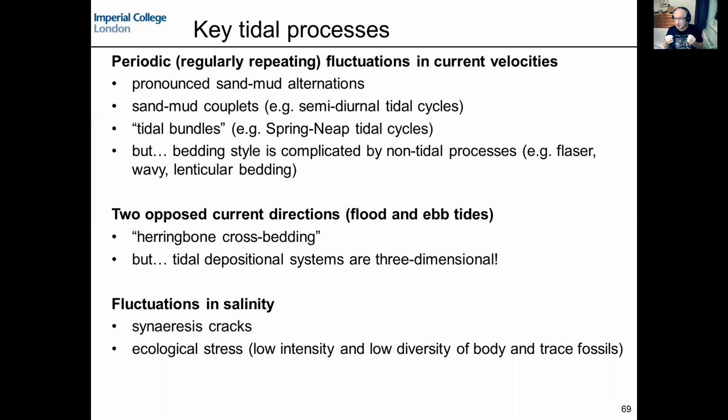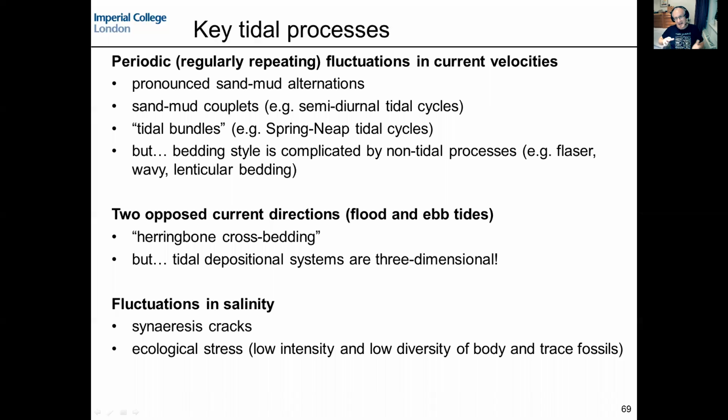The clay minerals are charged. They interact with the chemistry of the water, and they open up these thin, rather delicate cracks, which we call syneresis cracks.